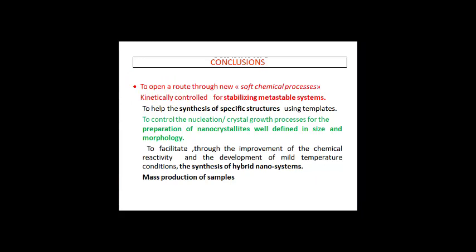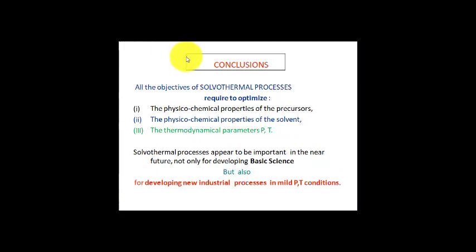the hydrothermal synthesis method. So all the parameters of hydrothermal or solvothermal processes require to be optimized. For example, the physicochemical properties of precursors, the physicochemical properties of the solvent, and the thermodynamic parameters like pressure and temperature.